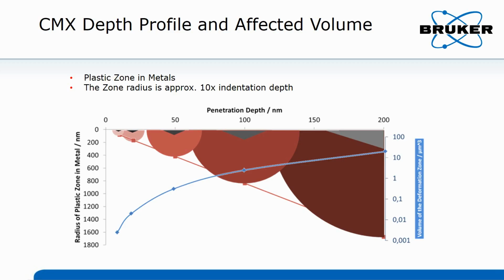I can pull up this additional slide that shows you the deformed volume under the indenter. You see here for different penetration depths of 50 nanometer to 200 nanometer, the indication of the depth of the indenter, a gray triangle on the top, and the size of the deformed volume, which are the red circles under the surface.